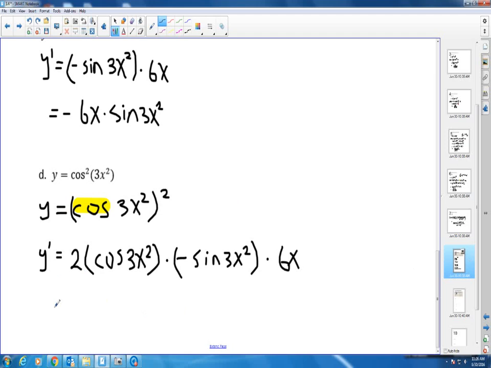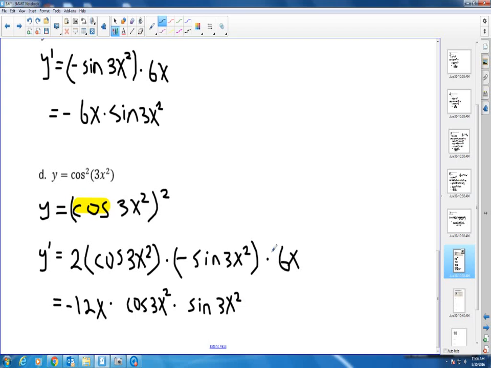If I multiply this up, my answer will be, there's a negative sign right there, negative 12x times cosine of 3x squared times sine of 3x squared. Alright, so that's for the trigonometric functions.